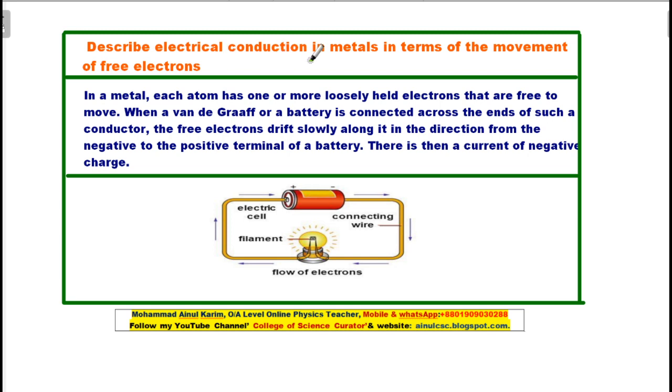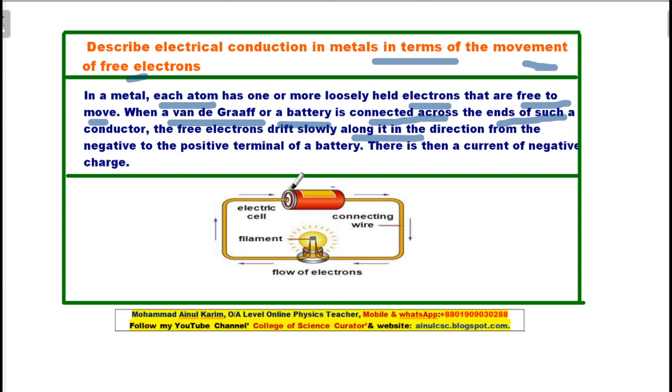Describe electric conduction in metals in terms of the movement of free electrons. In metal, each atom has one or more loosely held electrons that are free to move. When a generator or a battery is connected across the ends of such a conductor, the free electrons drift slowly along in the direction from the negative to the positive terminal of the battery.